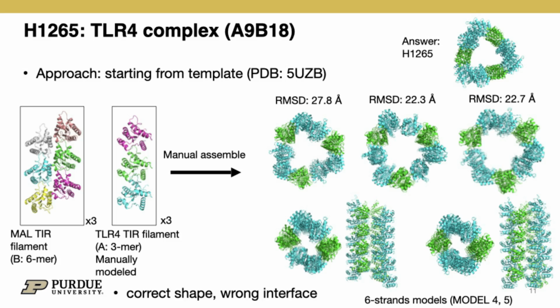The RMSD is large, and I heard that the interface is not correct, but the overall shape looks similar. These are the nine-chain complex, and since that abstract also mentioned the 6-chain complex, we also made the 6-chain complex using basically MODELLER. And that was about this target.